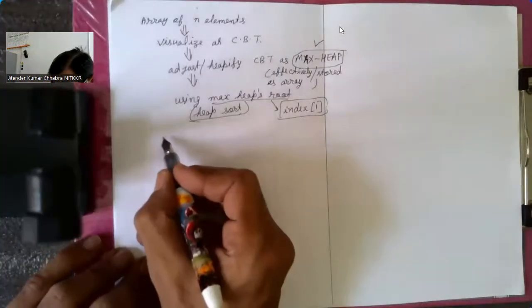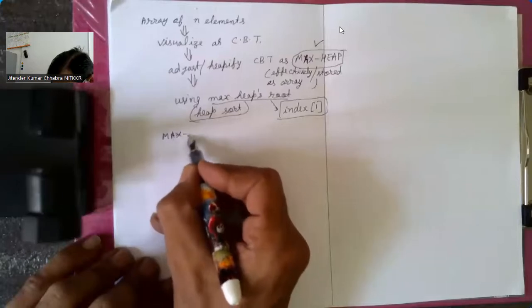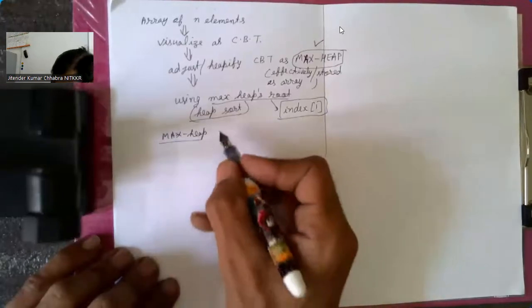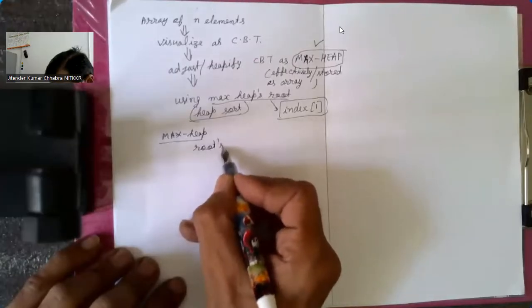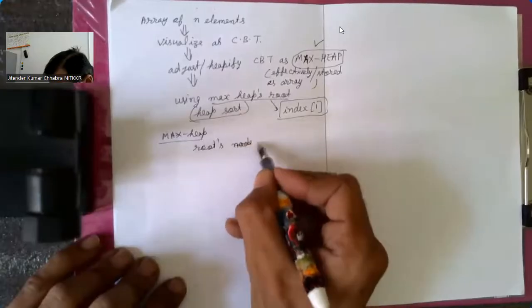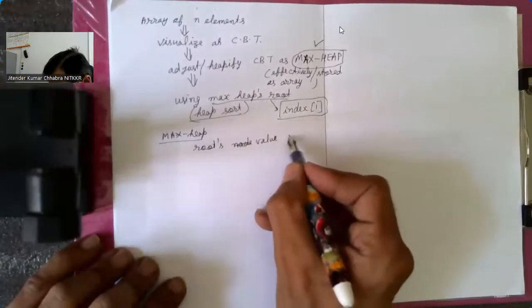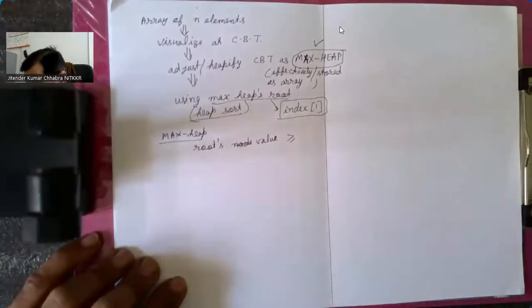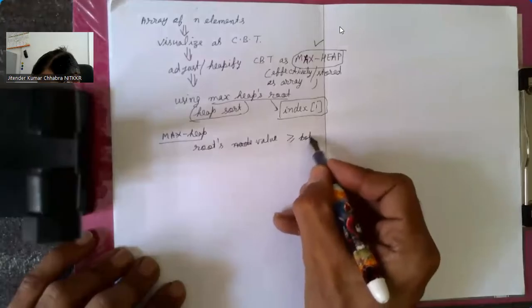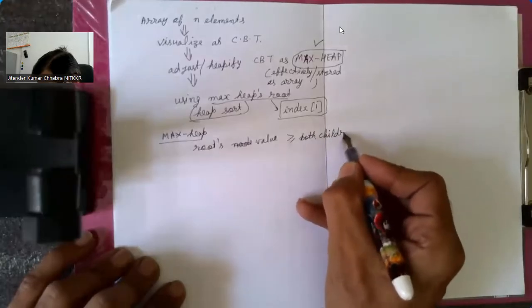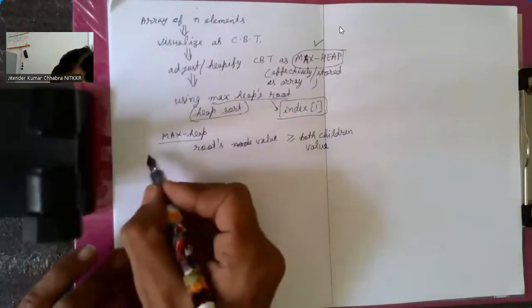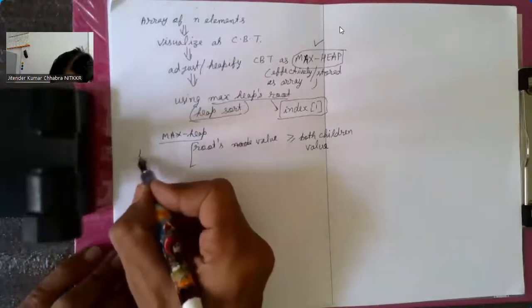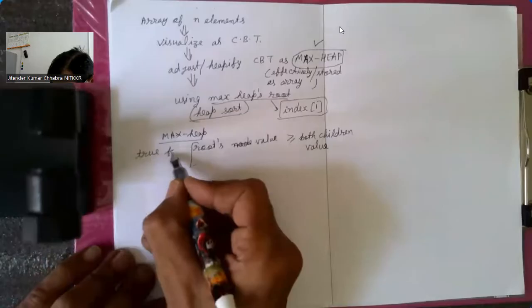In a max heap, it could even not be a CBT, but max heap effectively means the root's value is always greater than or equal to both its children, and this has to be applied on all nodes.